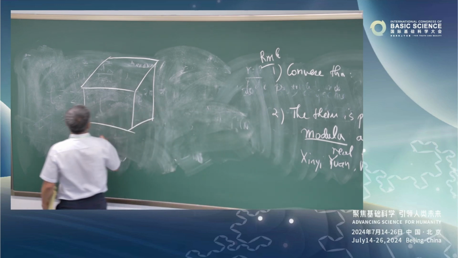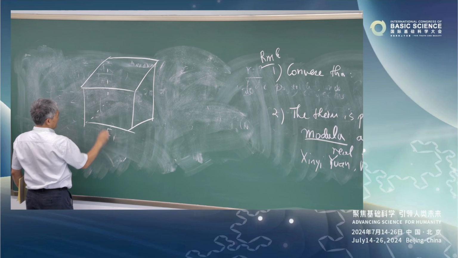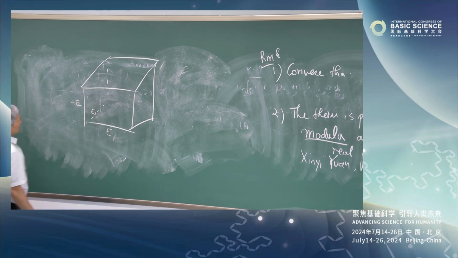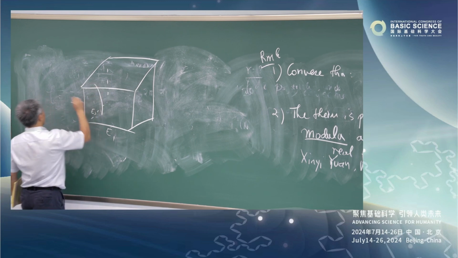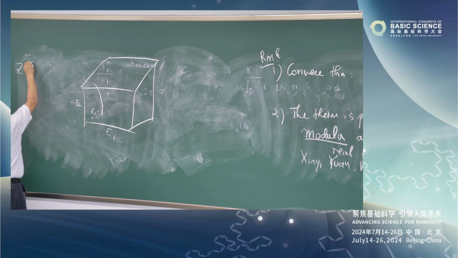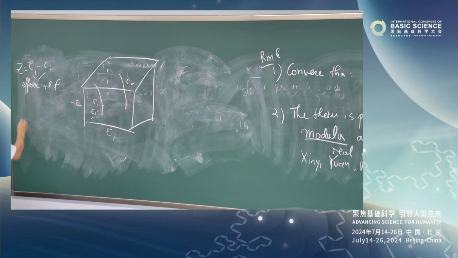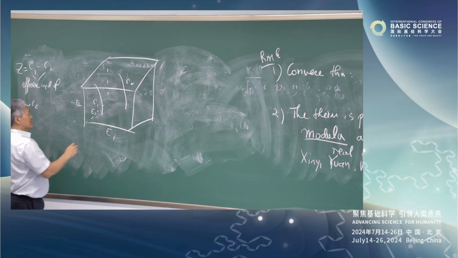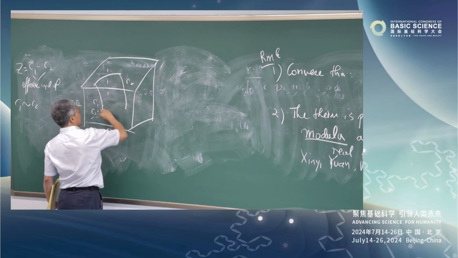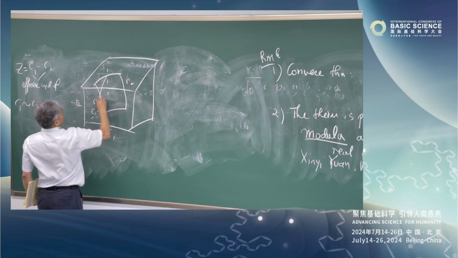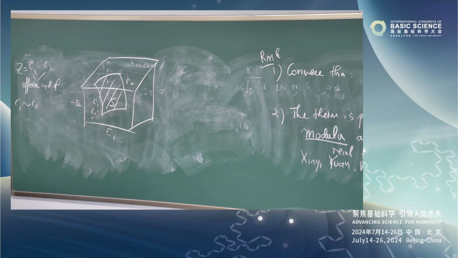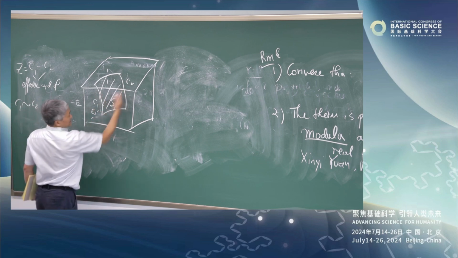So you have E1, E2, E3. Suppose you have a cycle Z, a summation like C1 minus C2, where both are effective curves. C1 is equivalent to C2 means that you can connect them by a surface S, moving C1 to C2.